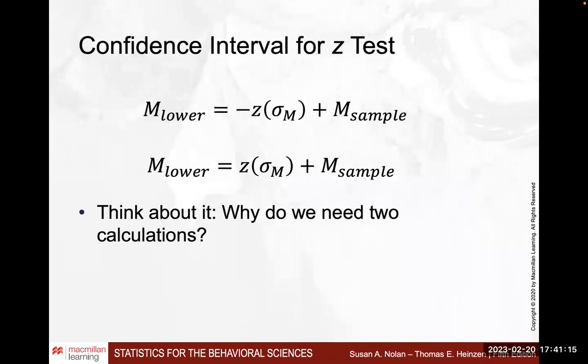So practically, this is done by, okay, so this is lower and upper. So we have a lower bound of the confidence interval, and we have an upper bound of the confidence interval.